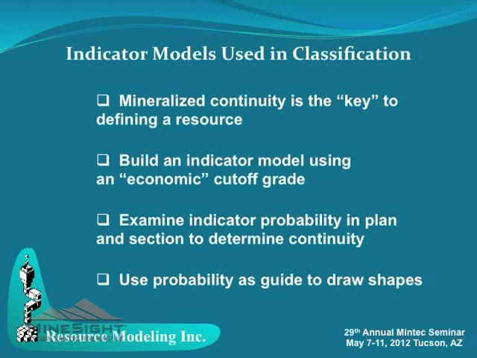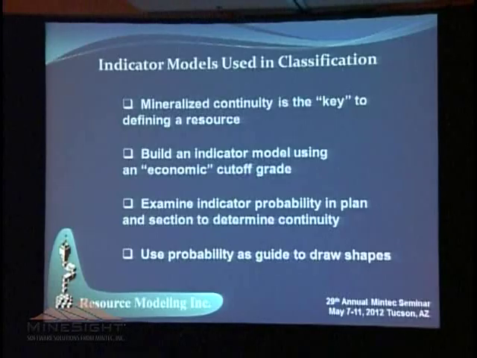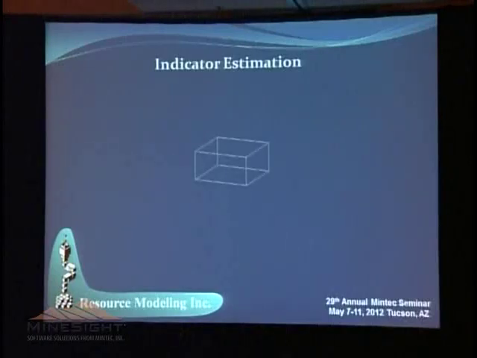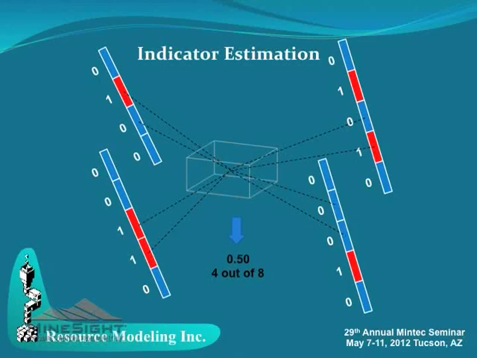And then I use that estimate of probability as a guide to actually draw shapes that would be used to code the model. I'm not going to get into the indicator estimation very much, other than to say that here's a little illustration of a block surrounded by 4 drill holes in 3D space. And I've set the 0-1 indicator on the composites based upon an economic cutoff grade.